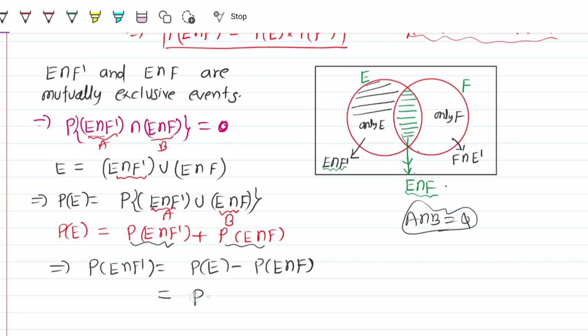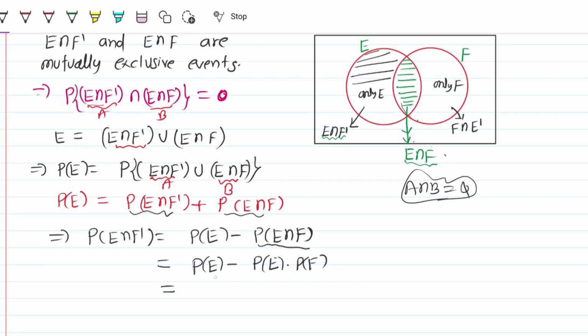Now PE and P of E intersection F. Remember equation 1, they are independent events. It means probability of E intersection F is PE into PF. Now you can see from both the terms, PE is common. Then we get 1 minus PF.